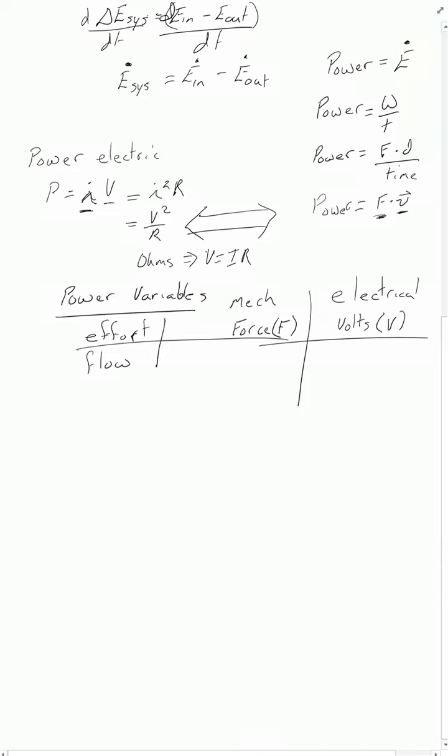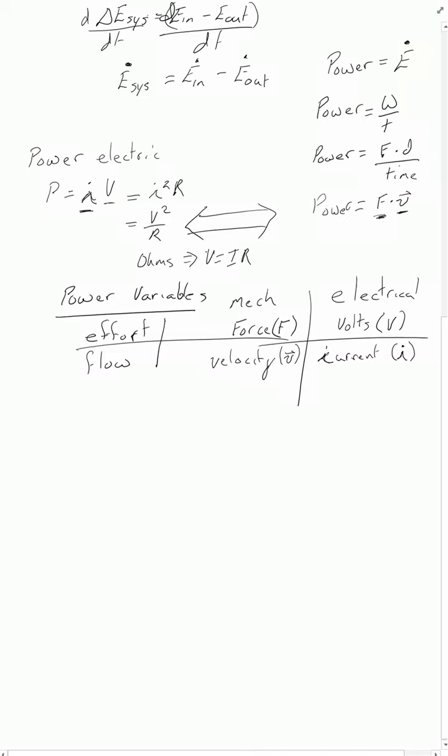And flow in the mechanical domain will be velocity, and that'll be script V with the hat over the top. And we're going to have current. I use I for current, and so it's script I for current.